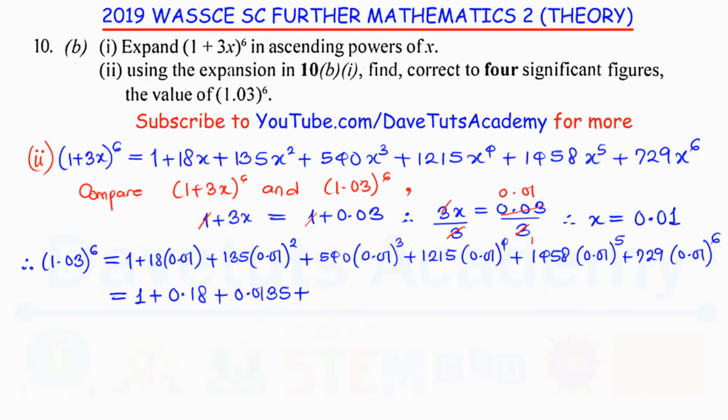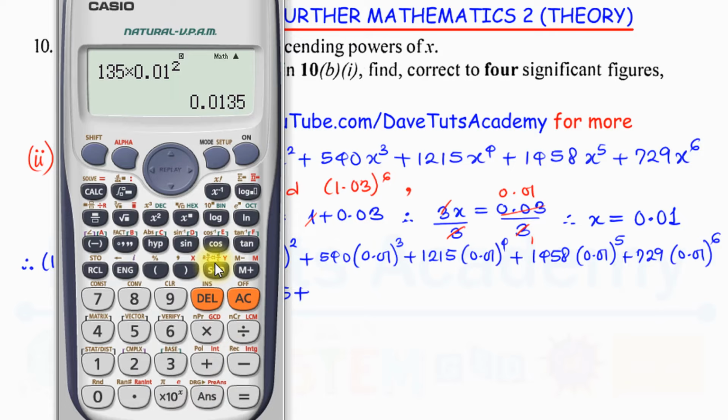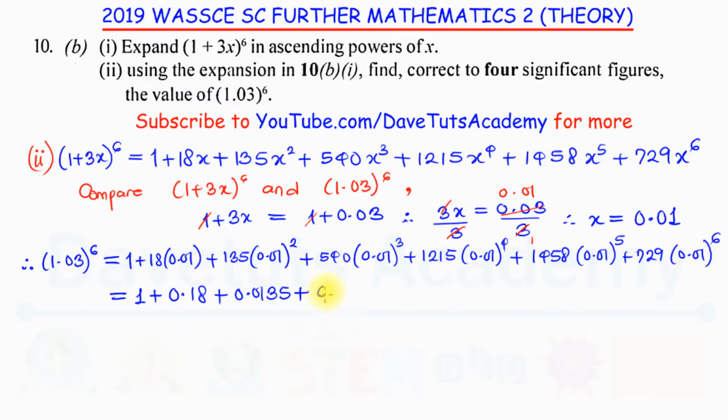Plus 540 times 0.01 raised to the power 3, which is 5.4 times 10 raised to the power minus 4, so we have 0.00054.